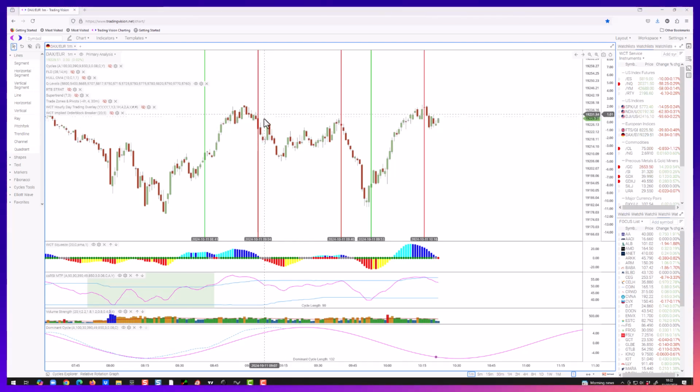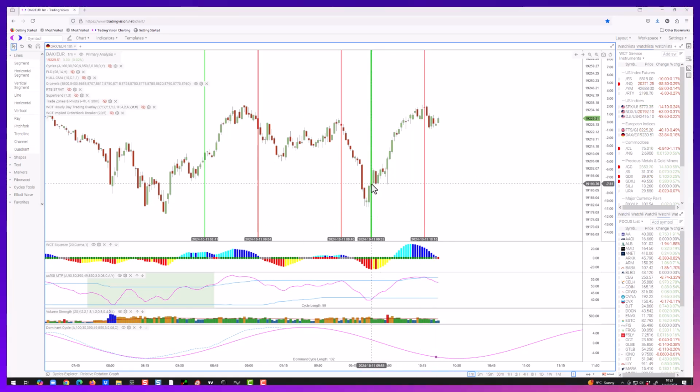Then down we came, and we sold the market here at that 19,228, and we bought back in here at 19,193. That gives us another 35 pips of profit on that first entry, but we also had an additional entry here at 19,225 and the exit down at 19,122, giving us another 32 pips of profit there.